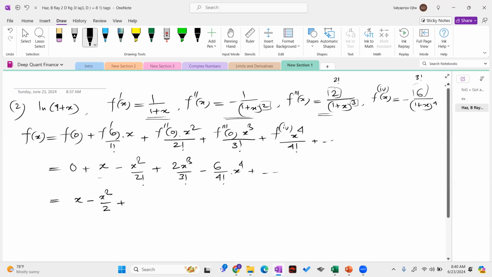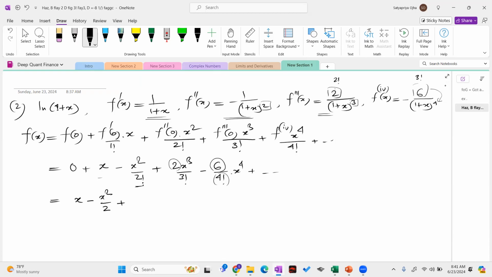The next term would be 6 times 4, which is 24. That is 4 factorial. Correct? So in the numerator, we have the factorials. Actually, in the denominator also, we have factorials, in disguise. In the numerator you have 2 factorial, this is 3 factorial, the next one will be 4 factorial. But in the denominator, it's one higher term. It's factorial, but it's the next factorial.